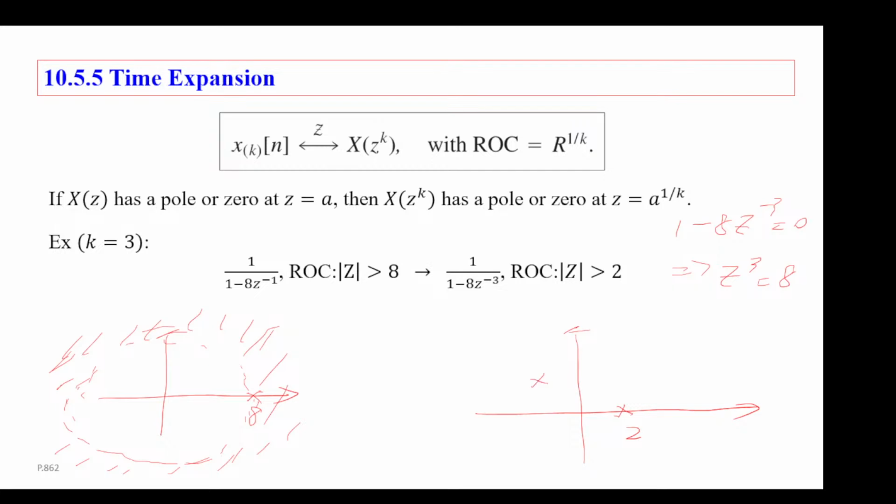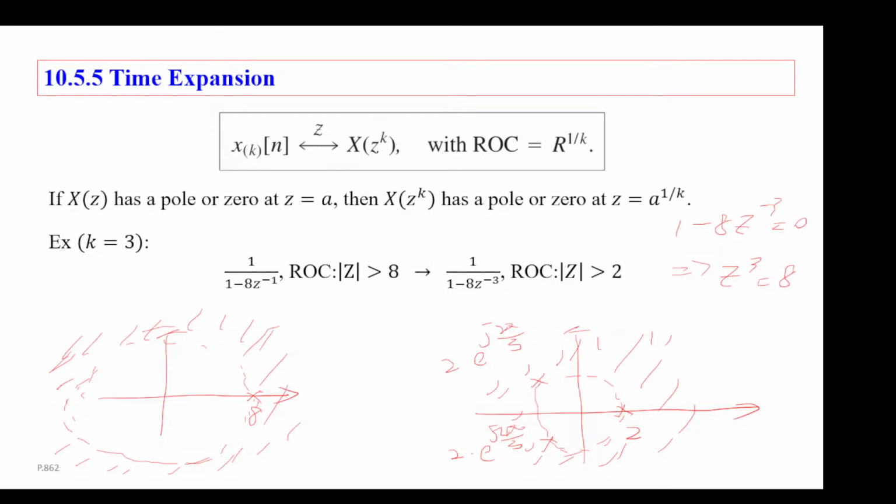You have a pole at 2 times e to the j 2 pi divided by 3, and another pole at 2 times e to the j 4 pi divided by 3. So you actually have 3 poles, and the ROC is outside of z equal to 2.